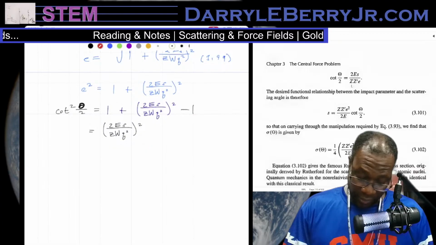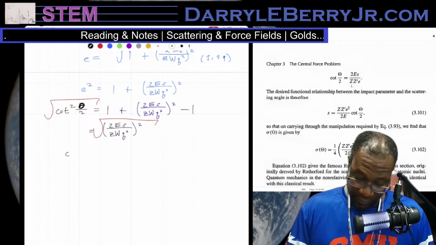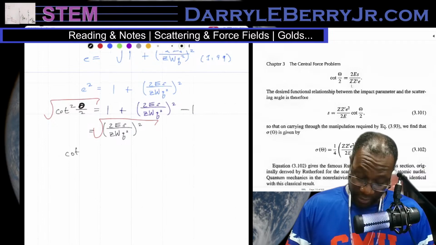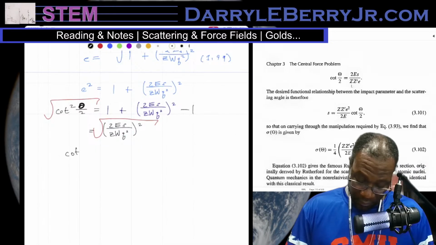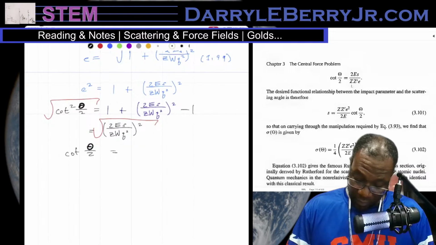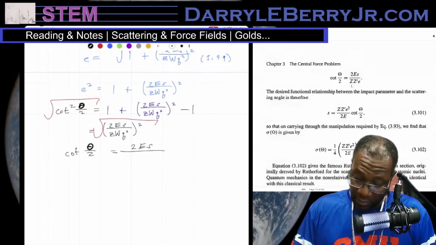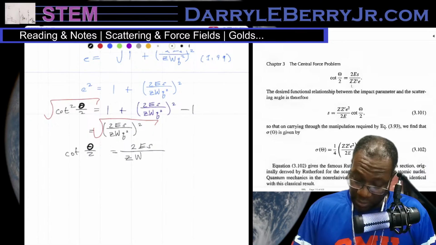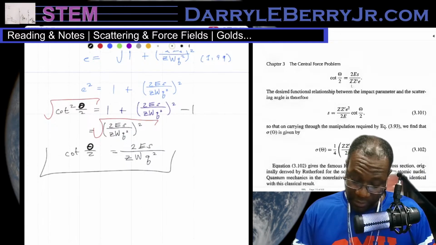And thus, if I take the square root of both sides, we have cotangent of big theta over 2 equals 2ES over ZW Q squared. This is in the book.